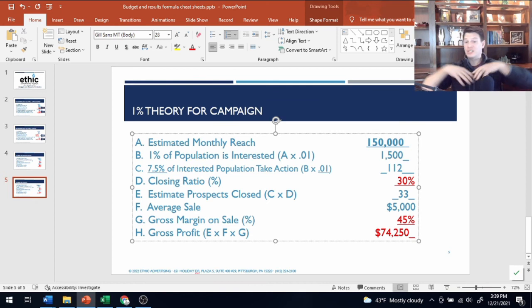And these are numbers that I just threw out there, so you obviously got to put yourself in there. But the beauty of this is now we can actually theorize, not predict, but theorize how much money you can realistically make from a $50,000 campaign that gets you in front of 150,000 individuals.